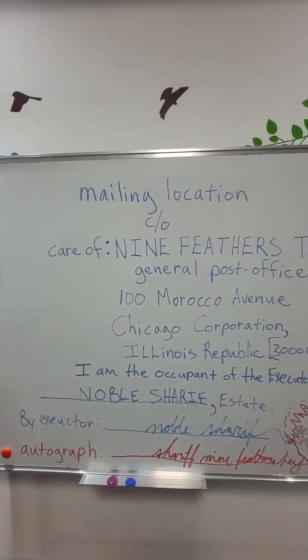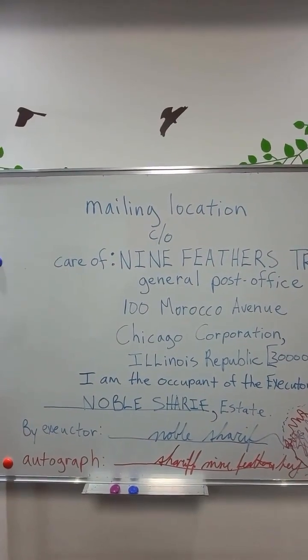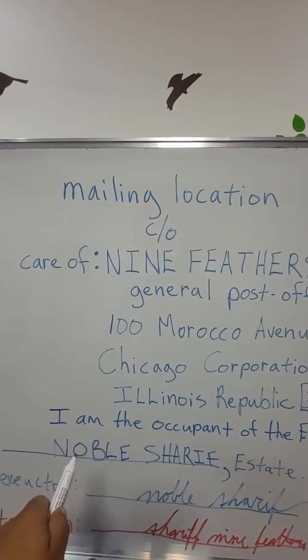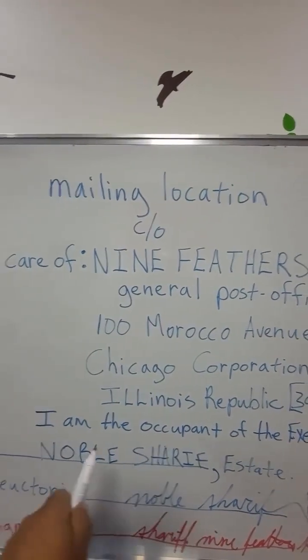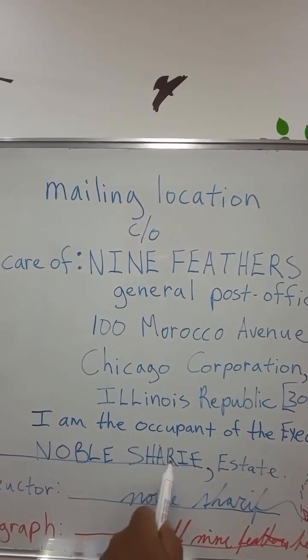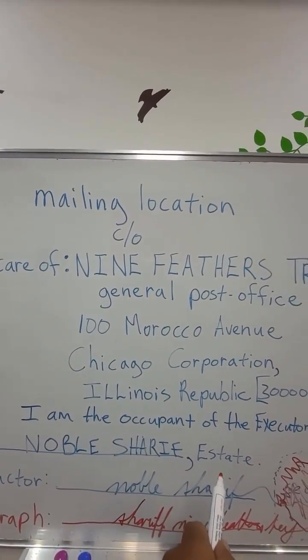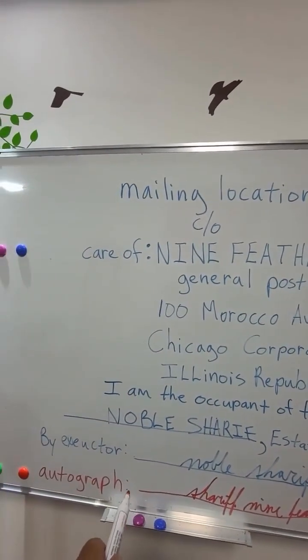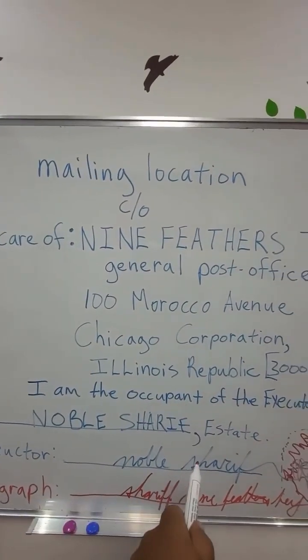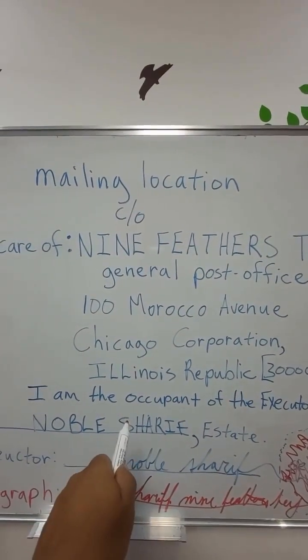Now, there's two ways that you can do this, right? Being that this is the executor of the estate, or this is the name of the estate in all caps, right? You can also use your Moorish appellation to be the executor of this dead name.